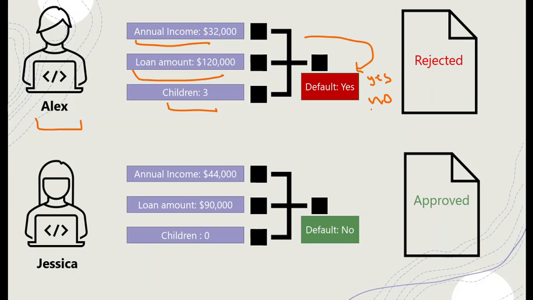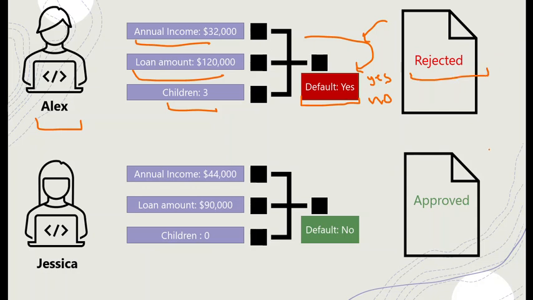In this case, the classification of our model was that Alex will actually default in the future, and therefore we should be wary of him, right? If the company solely depends on the decision of the trained machine learning model, then they are going to simply send a rejection letter to Alex informing him that his application was rejected.